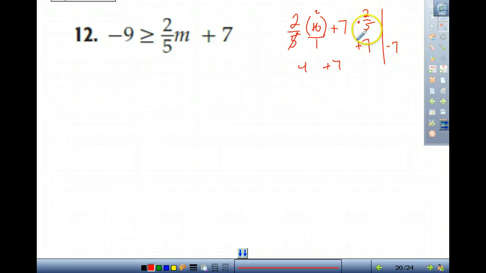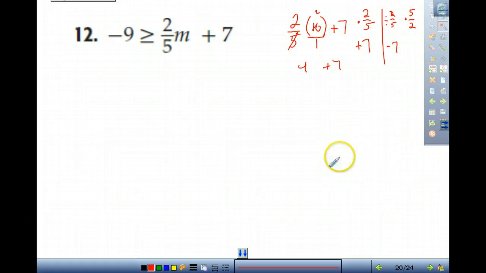Instead of multiplying by 2/5, we're going to divide by 2/5. Now, when you divide by 2/5, that's the same as multiplying by 5 over 2.